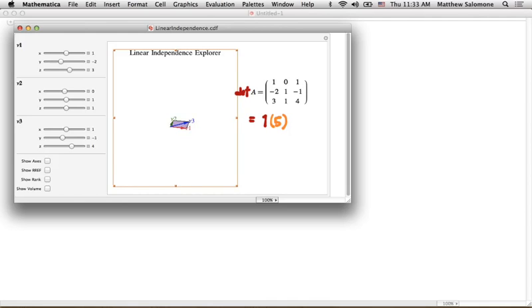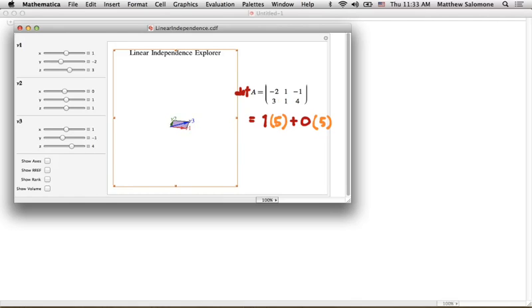And following that, going across the first row, 0 times the cofactor of 0, but the cofactor of 0 would be the opposite of the determinant of this minor. So -1 times 3 minus -2 times 4, that's -3 plus 8, 5.